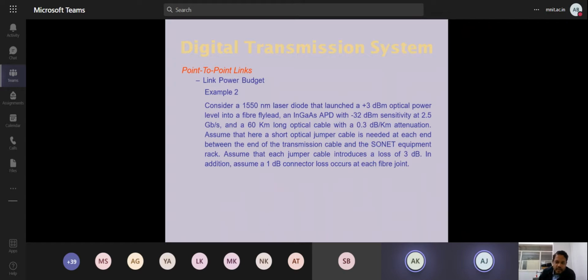Okay, sir. This 1 dB connector loss here is not just for two connectors. When you are using a jumper cable, at each jumper cable you have two additional connectors.